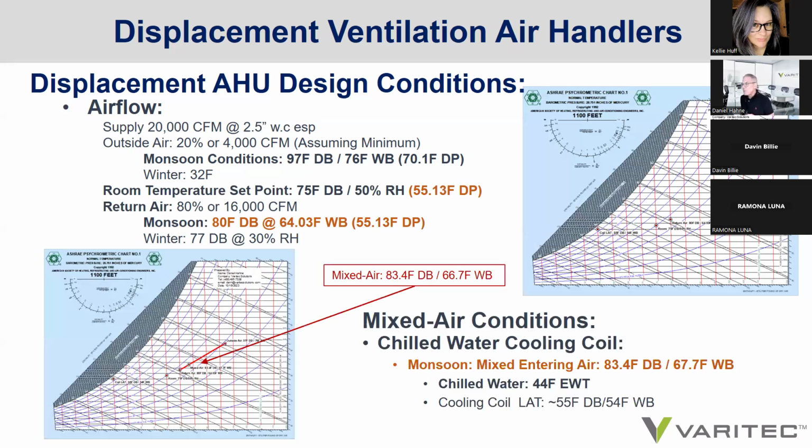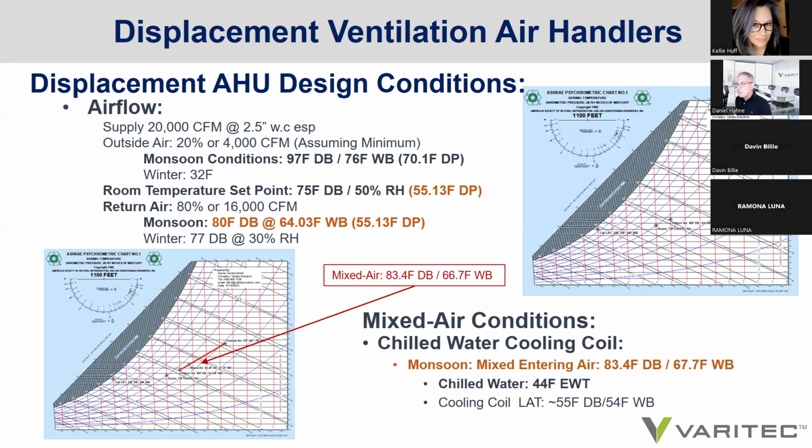First of all, we need to look at the mixed air condition that we illustrated earlier for the VAV medium pressure air handlers. We've got a mixed air condition here of 83 and 66, 67 degrees. We're going to provide 44 degree chill water to a chill water coil to allow the supply air to achieve 55 degrees for dehumidification.